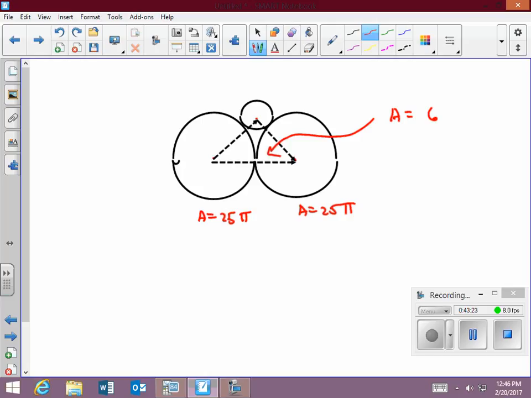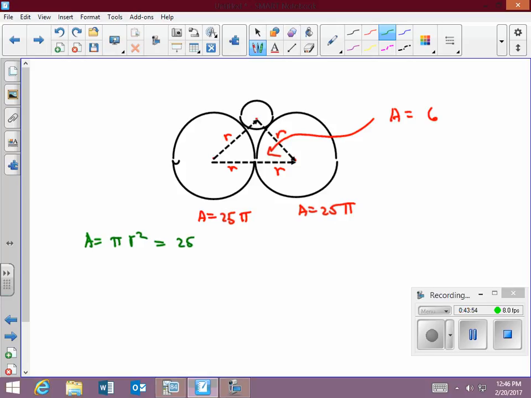Well, we can find the radius, right? We can find this R value right here, this R value here, this R right here, and this R right there, correct? By using the formula for area. The area of a circle is pi r squared.